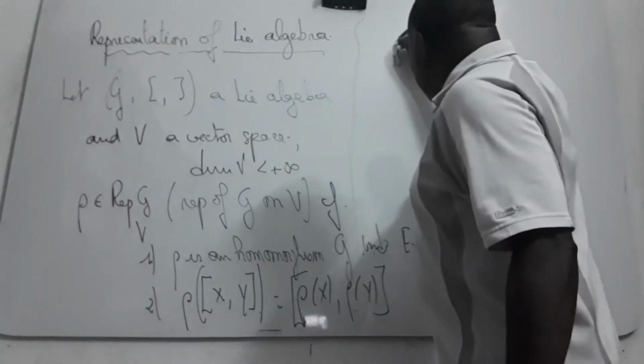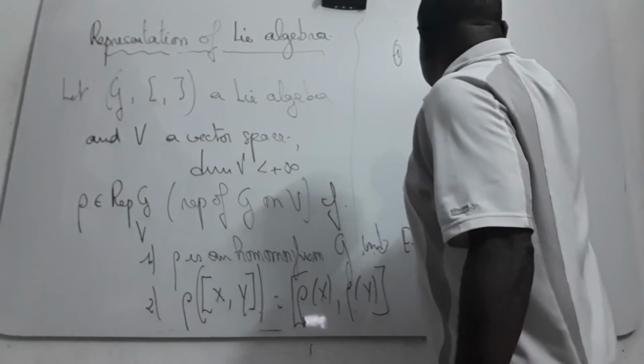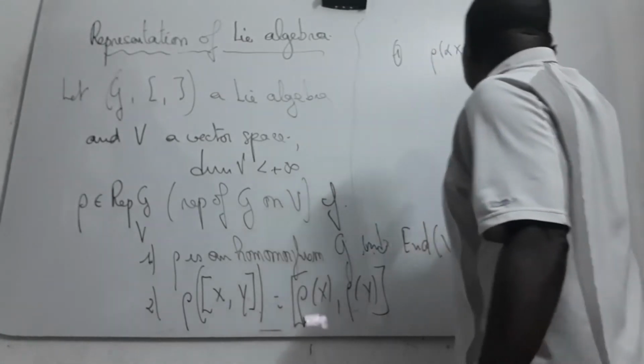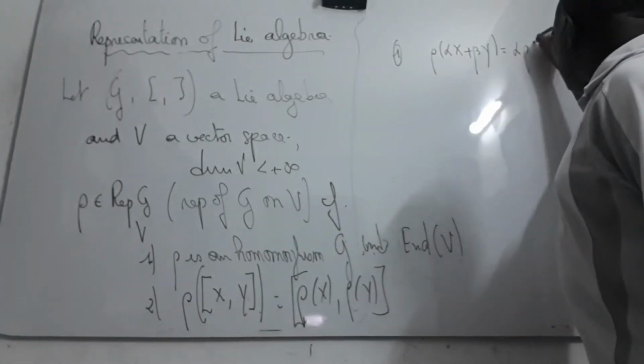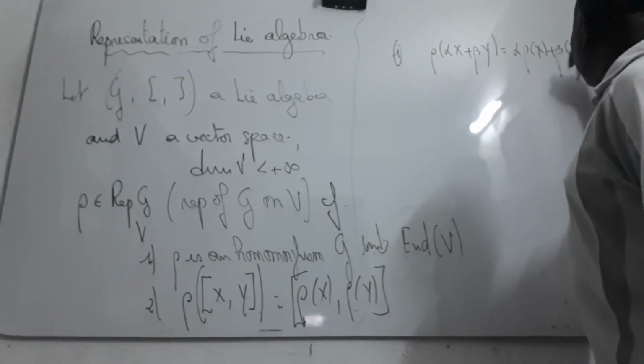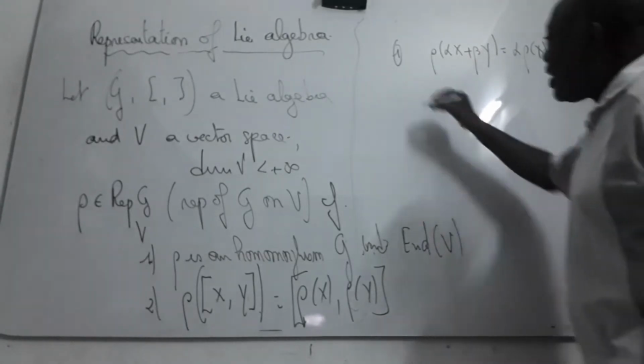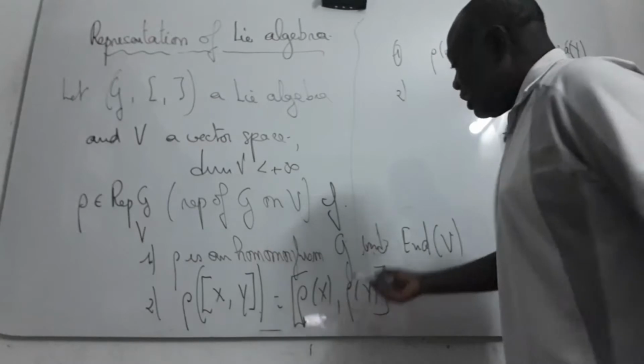The first condition means that rho of alpha x plus beta y is just equal to alpha rho of x plus beta rho of y. And the second is just the bracket condition.